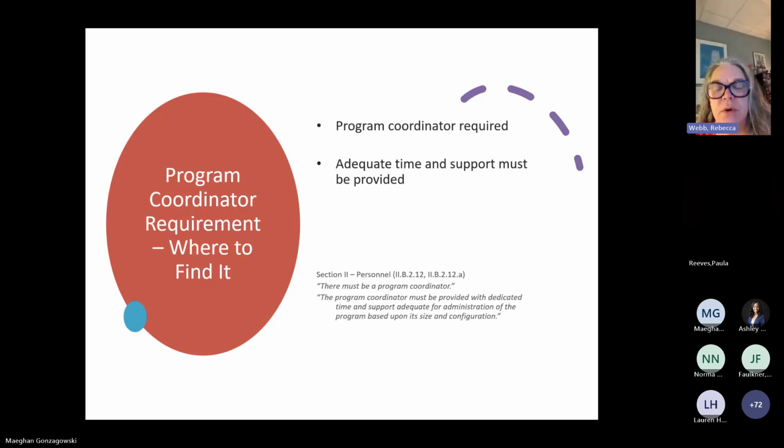So it's super vague. It doesn't give you specifics. If you look into the FAQs, there is a section where it breaks down by how many residents. It will say how much FTE the program coordinator is required.